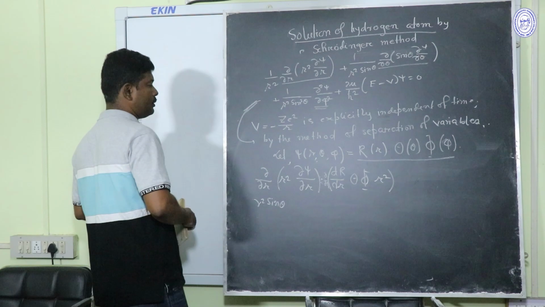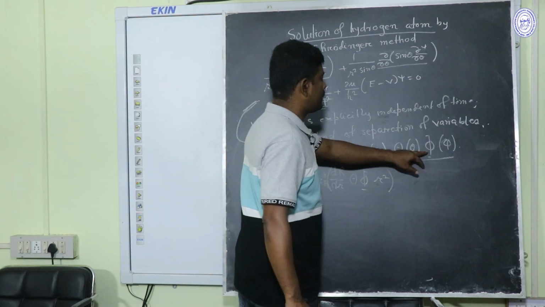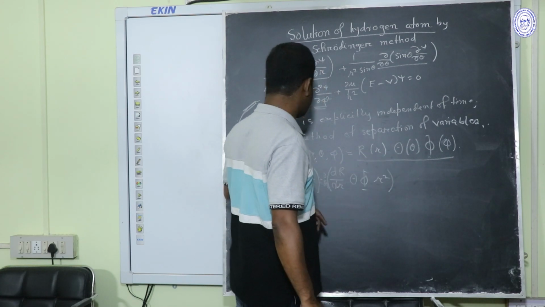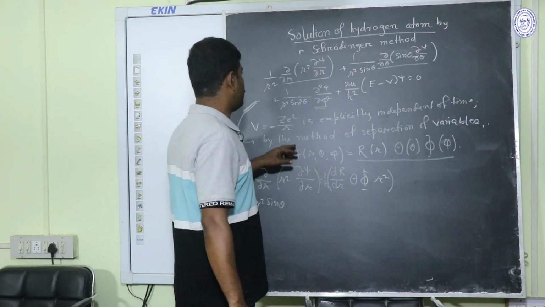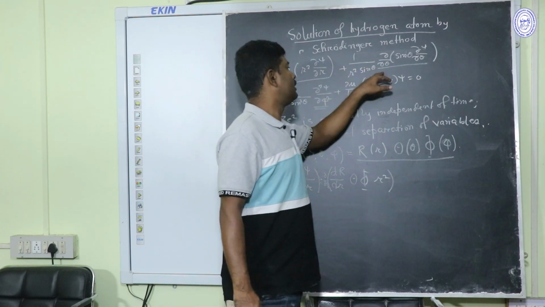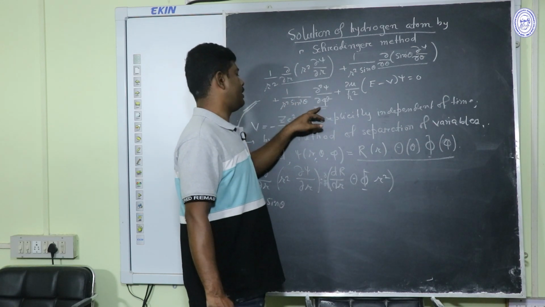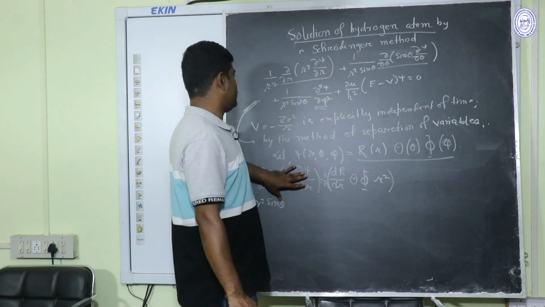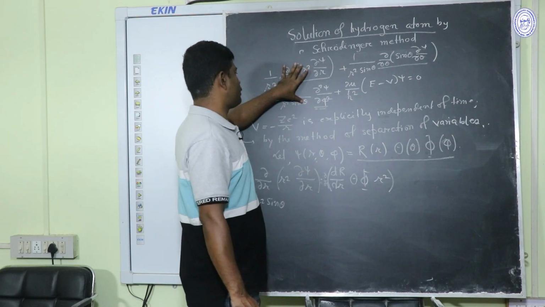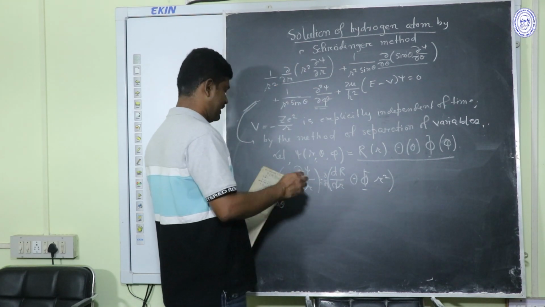I repeat this step. First we assume psi equal to capital R, capital Theta, capital Phi, a product of three variables. Then we will find del by del r of r square del psi by del r, del by del theta of sin theta del psi by del theta, and del 2 psi by del phi 2. We will put these terms in this equation and divide throughout by r square sin theta.